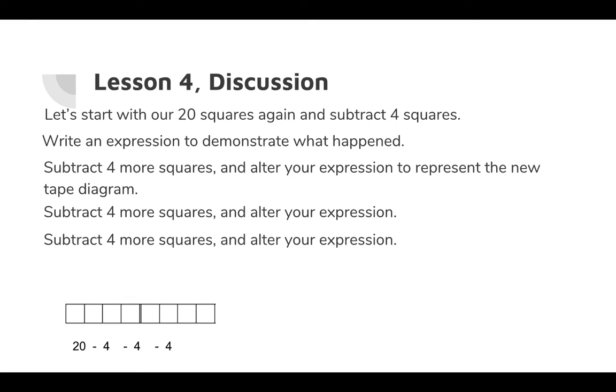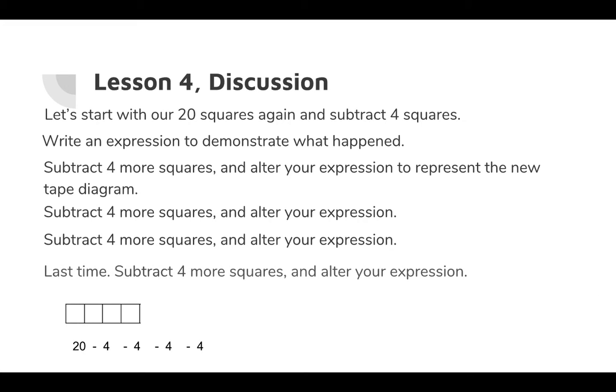Four more squares, alter your expression. There's another take away 4 down there. Last time, subtract 4 more squares and alter your expression. There goes the last of my squares. Okay, minus 4. Now that equals 0.